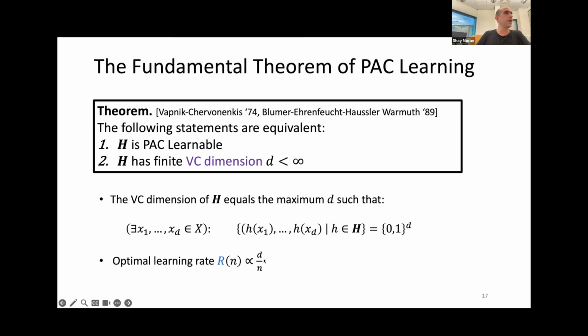There exists an algorithm such that for every realizable distribution, if you give it n examples, the error of its classifier will be at most d over n, and this is tight up to a multiplicative constant. There is also a lower bound of d over n over 2 or something.